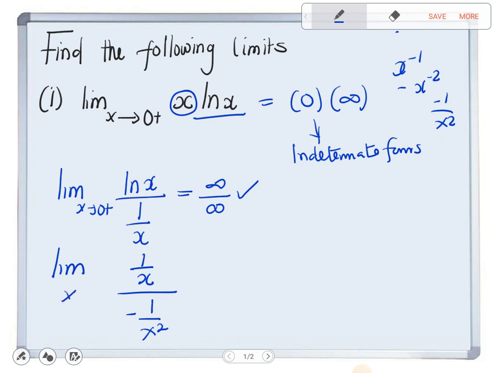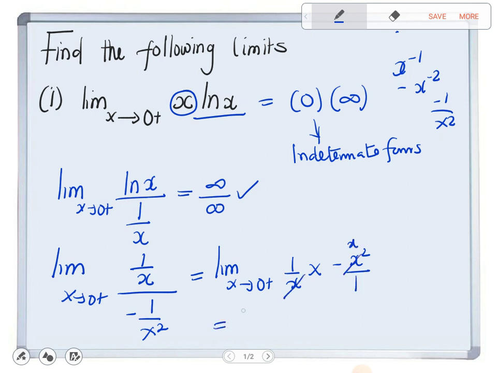So sorry, as this approaches 0 from the positive. So what we have here is the limit as x approaches 0 from the positive of 1 over x. If we cross multiply here, we'll be having multiplied by negative x squared over 1. x and x, so it makes 1 x.